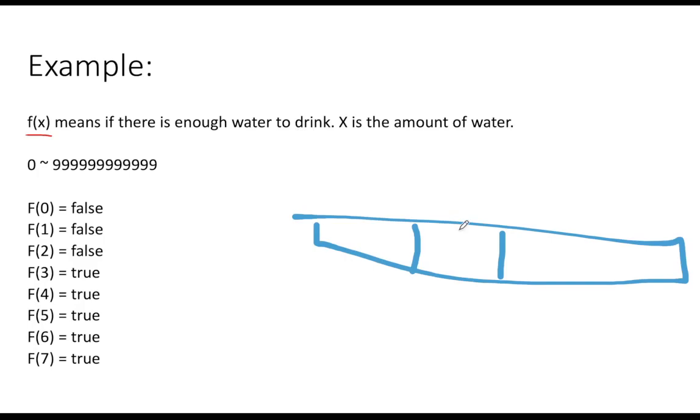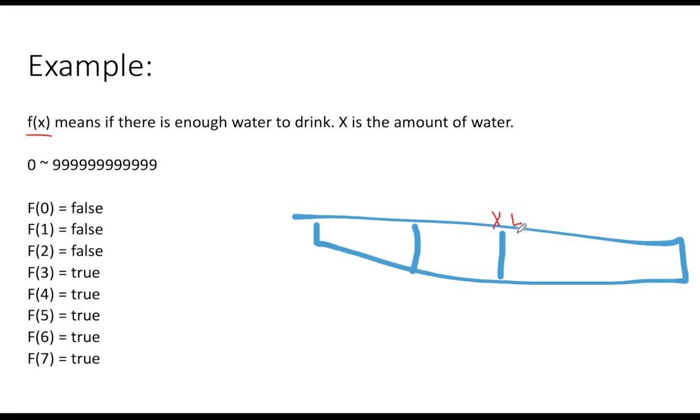We have a range of possible answers, so we just pick the middle one and see if our function returns true or not. If it returns true, it means we have enough water to drink if we have x liters of water.